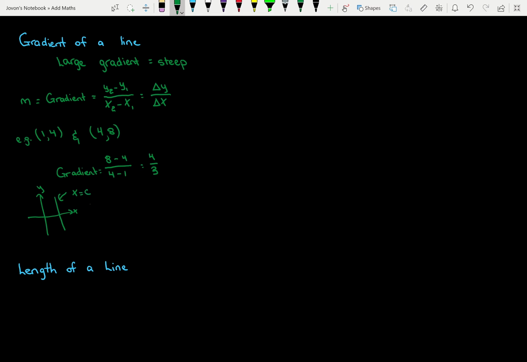For example, it could be x is equal to 5, it could be x is equal to 100, right? X always has a constant value. For this one, the gradient is equal to infinity, okay? This one has an infinite gradient.